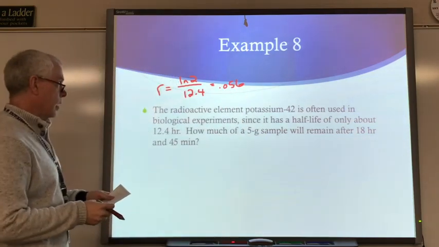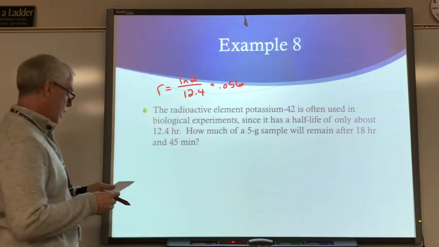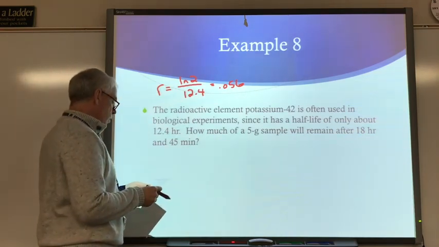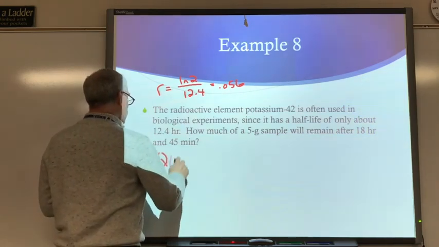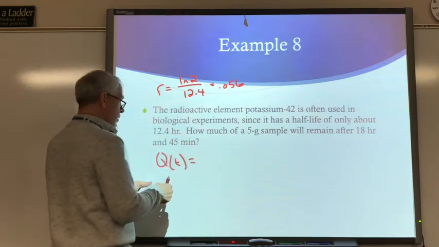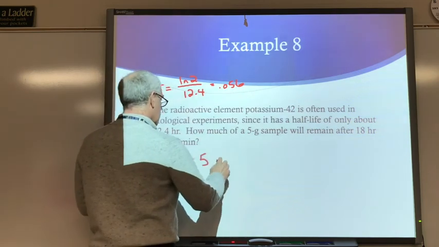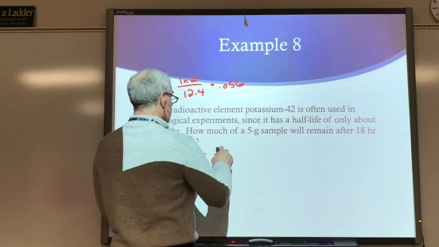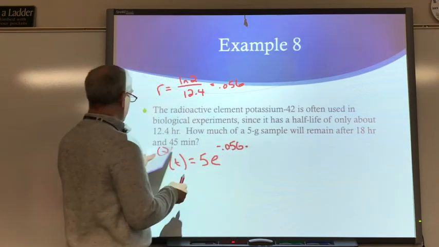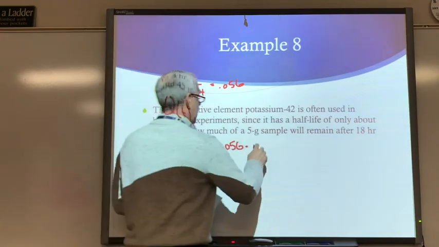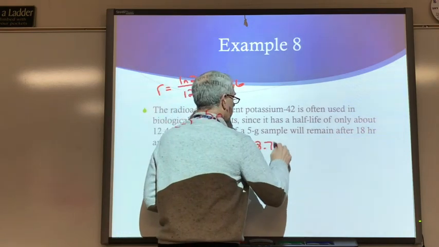Now I can go and apply that to my exponential growth or decay model. Okay, so Q of t is going to equal the initial amount, 5-gram sample, e to the rate, which is going to be negative 0.056, times time. 18 hours and 45 minutes is 18.75 hours.